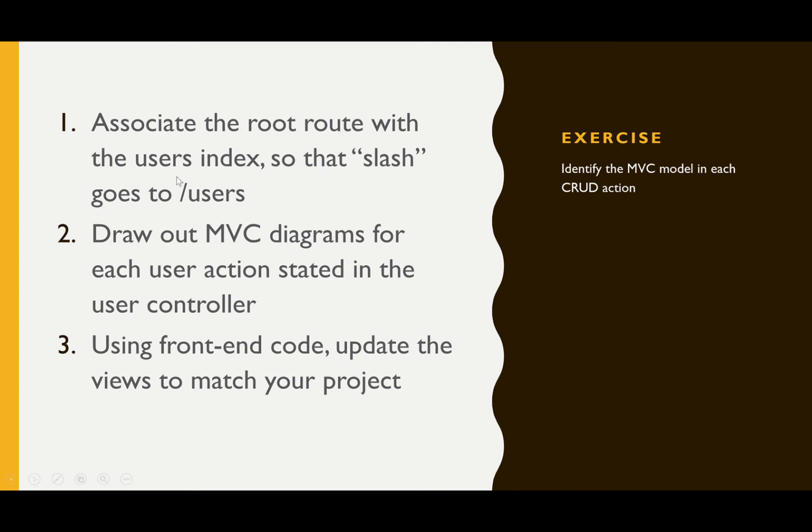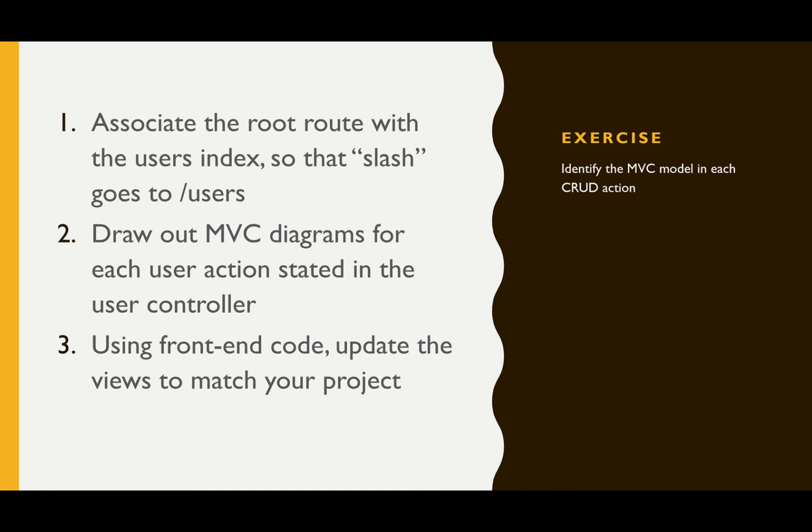But before that, you're first going to associate the root route with the user's index. So basically, when I access my file, I don't want to be directed to the hello world page. I want to be directed to the user's index page. So I want you to revisit whatever we did in the lectures and associate that route with that.